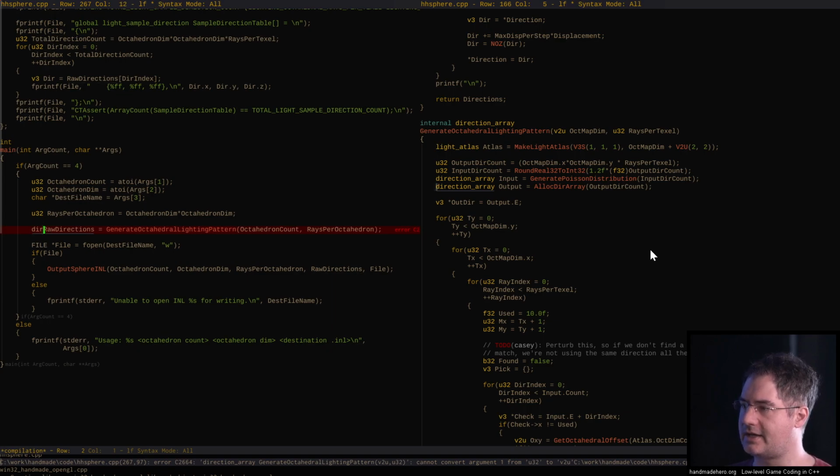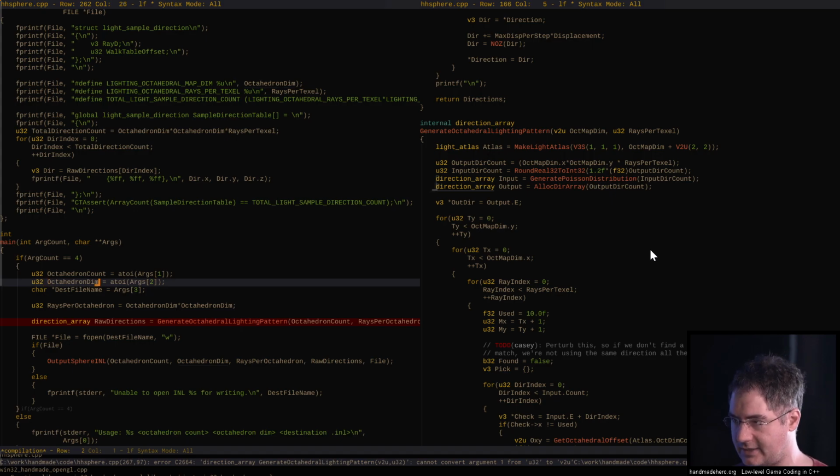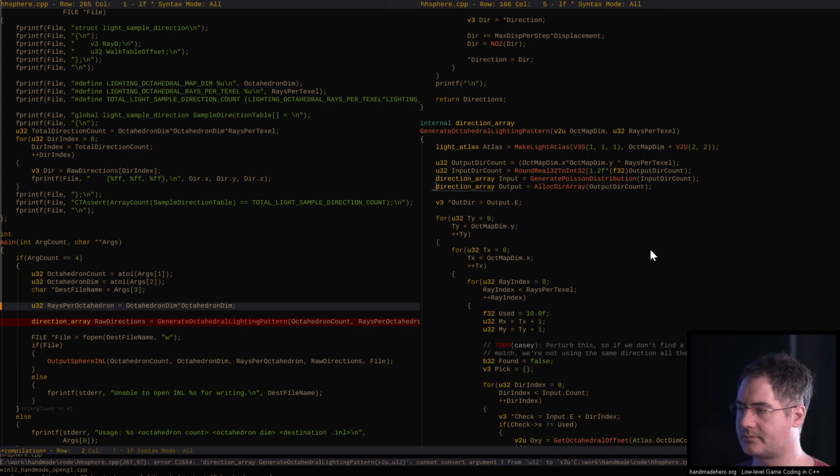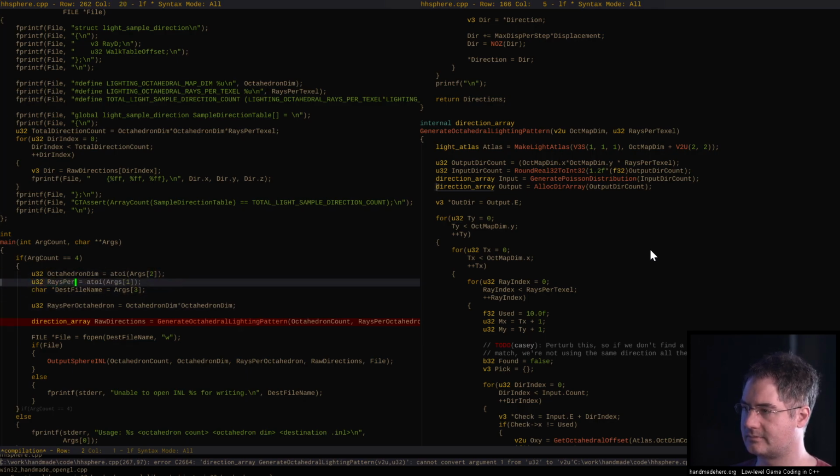Alright, so then we have our direction array that we get back from this. And the things that we're now reading are, we have the octahedron dimension, that's correct. And we have the rays per texel. So this is really octahedron side.